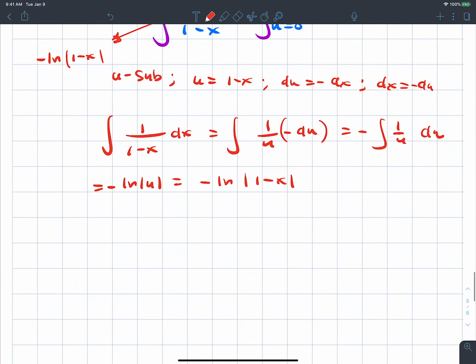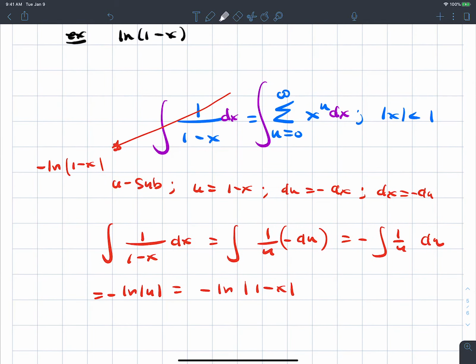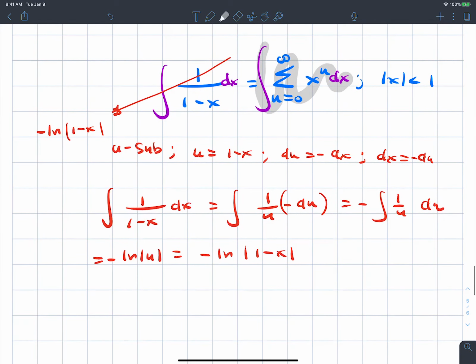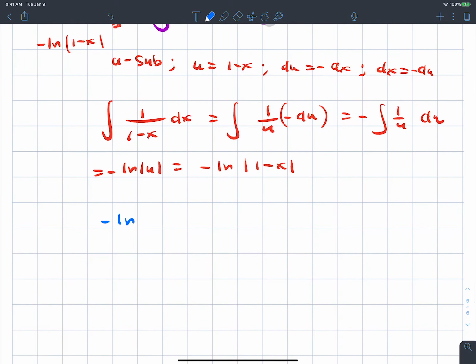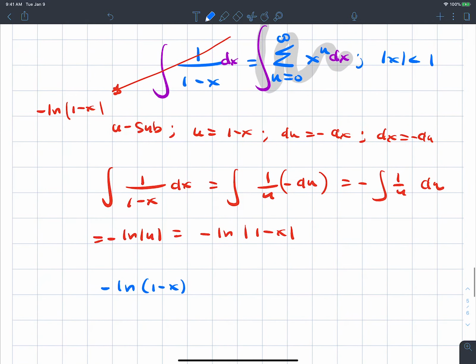Okay, on the right side, though, now we're going to focus on this integral on the right. The integral of a sum is the sum of integrals. So I have minus natural log. We're going to change that to 1 minus x because remember, our values of x are between -1 and +1.